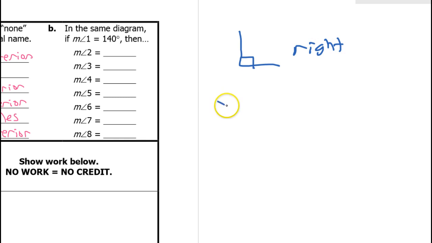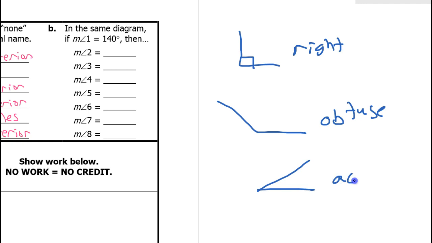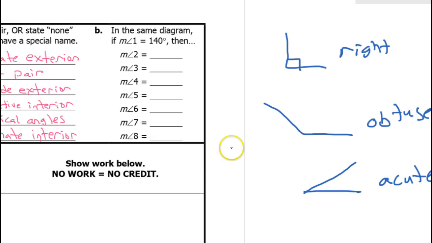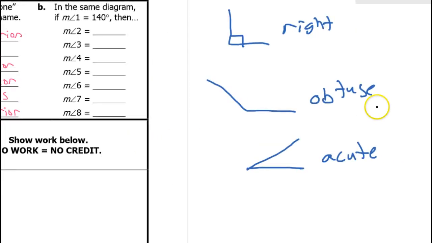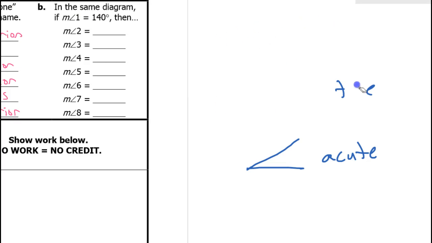This is an obtuse angle, and that's bigger than 90 degrees. And this is an acute angle. That's less than 90 degrees. Why am I mentioning that? Because when you have parallel lines cut by a transversal, all the obtuse angles are going to be equal. And all of the acute angles are going to be equal. And obviously all right angles are equal to each other.